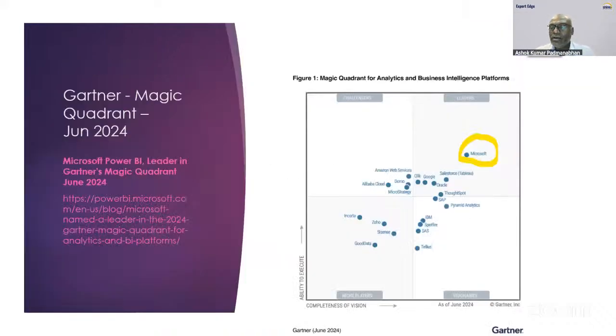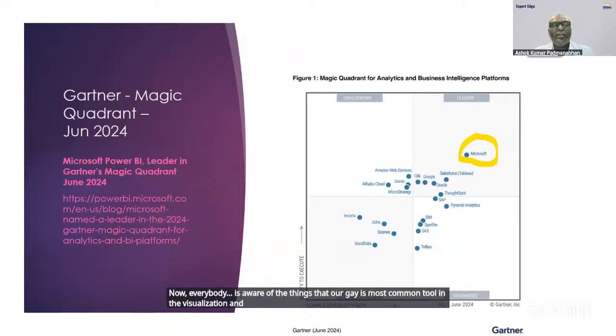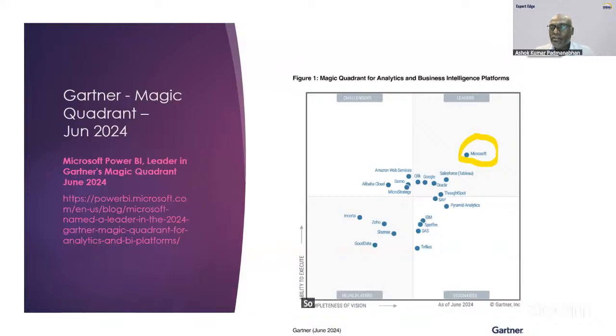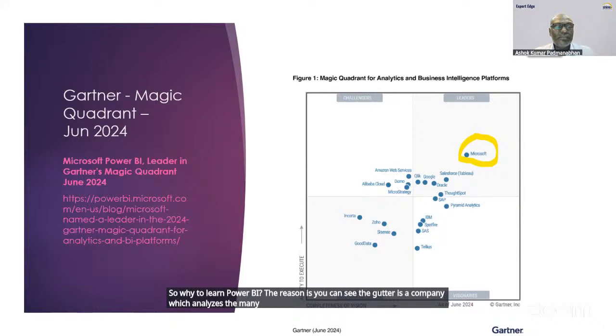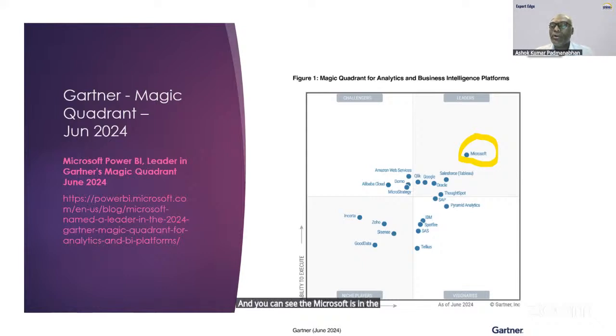Now, everybody is aware that Power BI is the most common tool in visualization. Here you can see the Gartner quadrant. So why learn Power BI? Gartner is a company which analyzes many tools in the market. This report is as of June 2024, and you can see Microsoft is in the topmost quadrant, in the leaders.